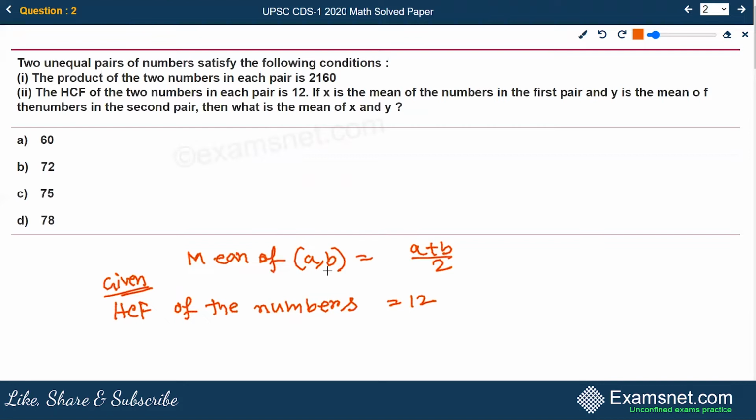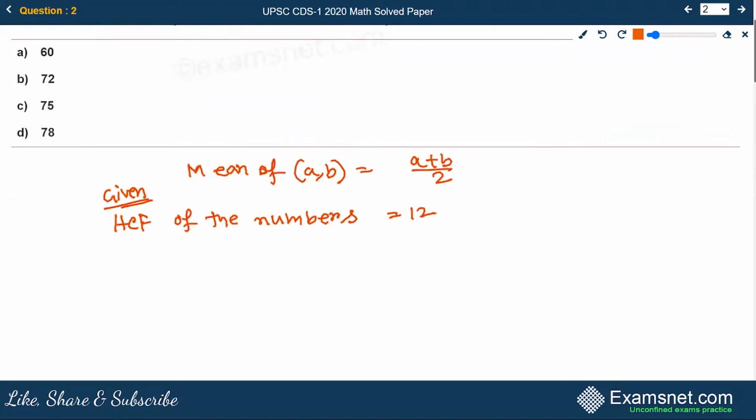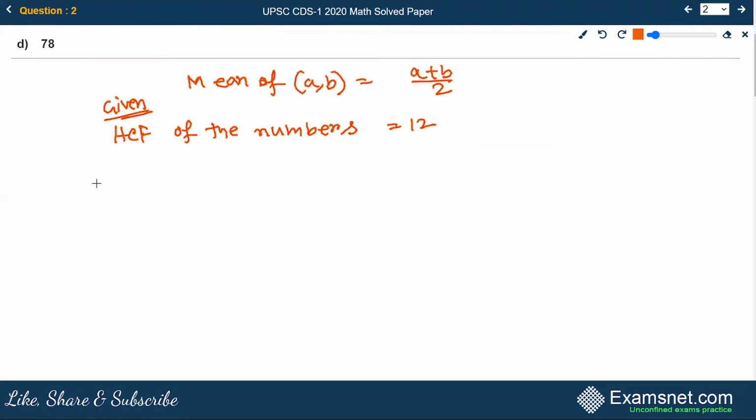Since the HCF is 12, that is the highest common factor, we can assume the numbers to be 12A and 12B.